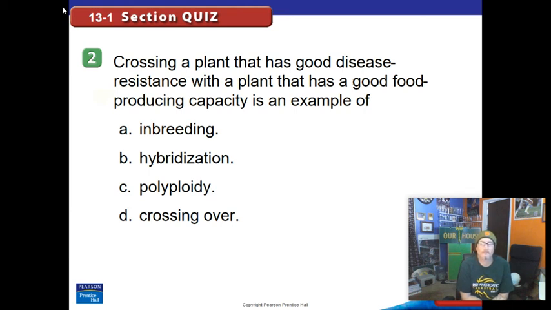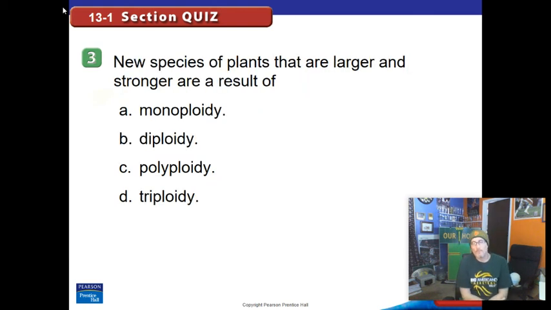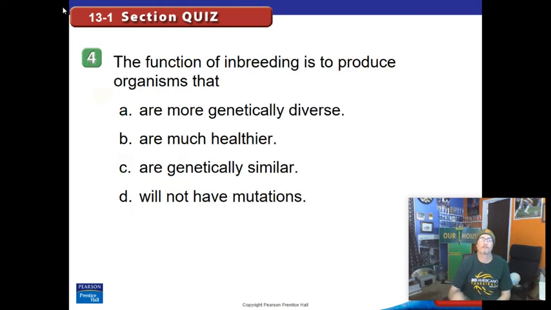What do we call that? Yeah, it's hybridization. New species of plants that are larger and stronger are a result of... Yeah, polyploidy.